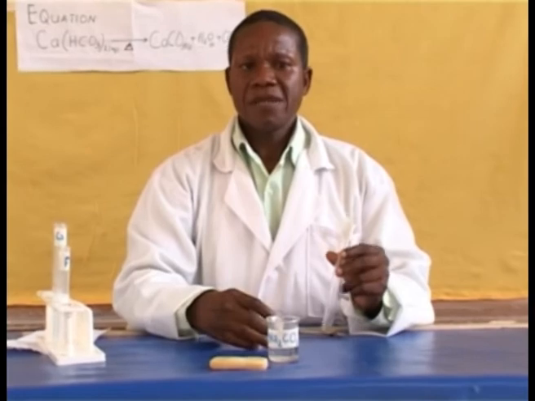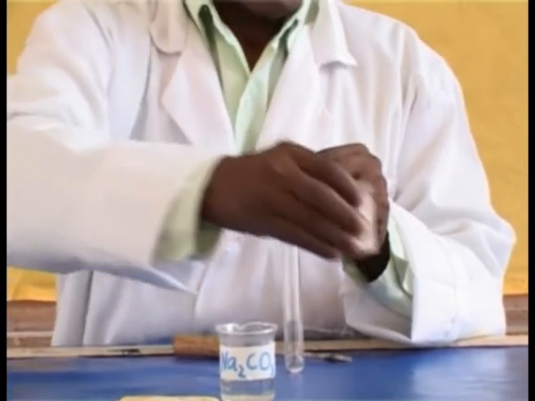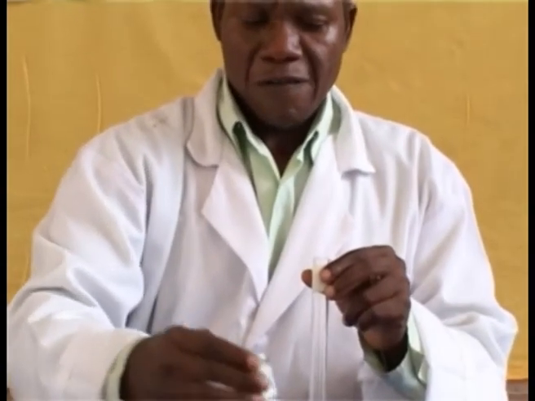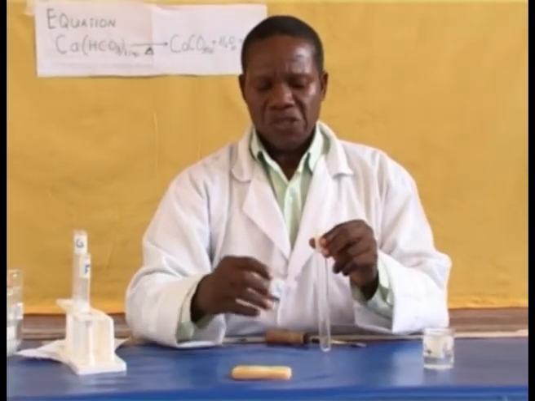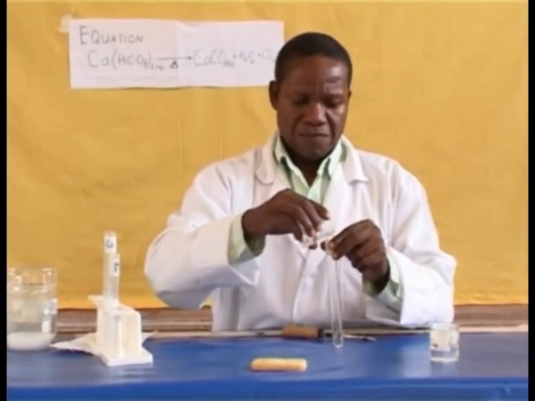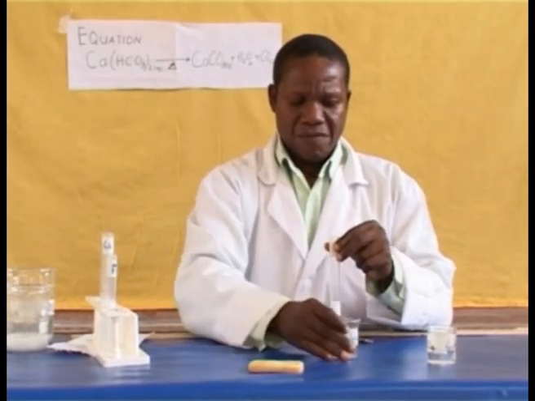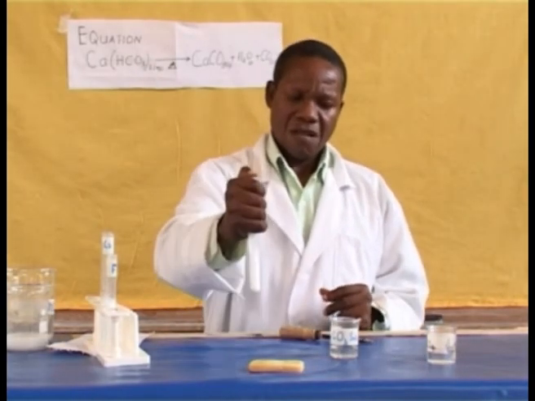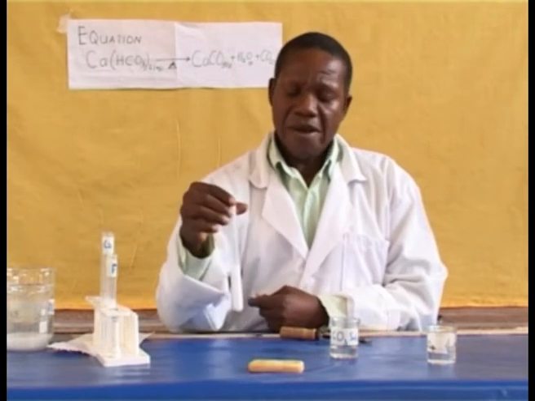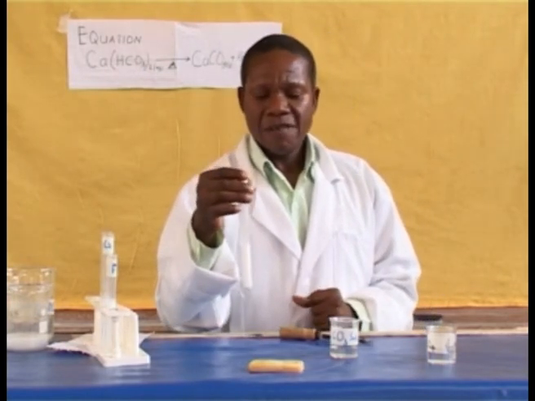Take calcium sulfate solution, pour calcium sulfate in test tube I, and then follow with sodium carbonate solution. The white precipitate of calcium carbonate forms.